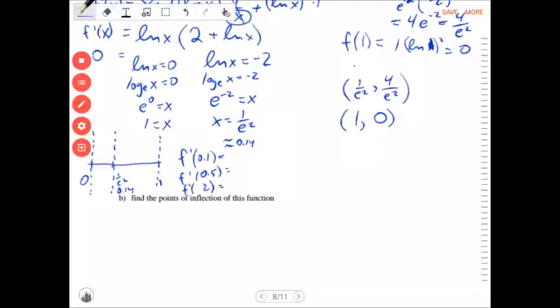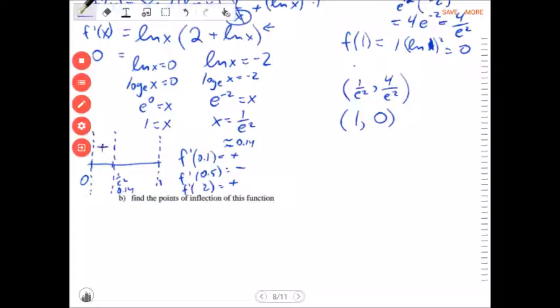When I typed in 0.1 into the first derivative equation, I got a positive number. With 0.5, I got a negative number. And with 2, you get a positive number again.